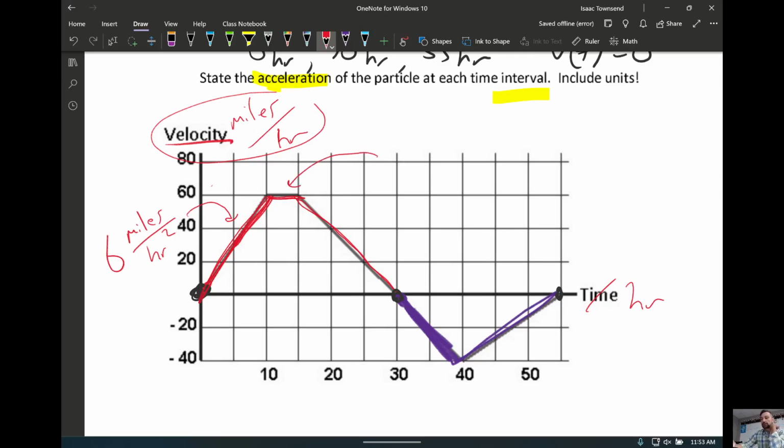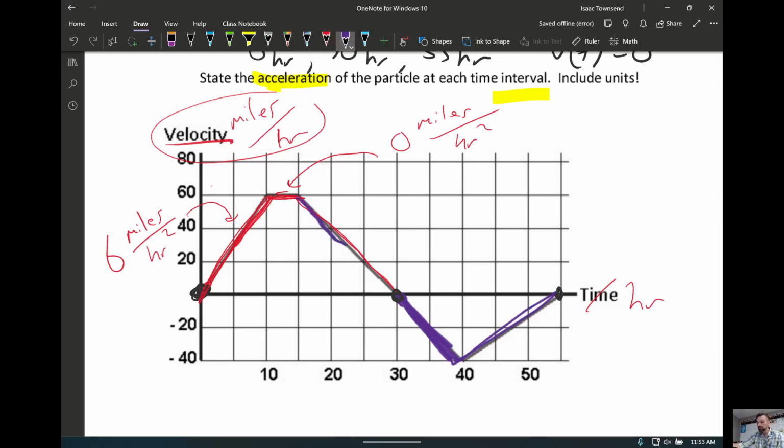What would the acceleration be from 10 to 15? Zero. So notice, it's not that it's hard to calculate this, but you have to connect a couple concepts. Derivative means slope. We're just thinking about the slope of this line, but also the derivative of velocity gives you the acceleration.